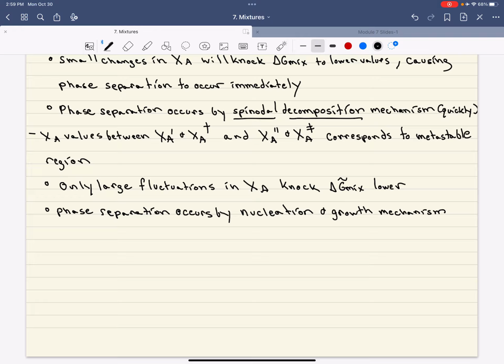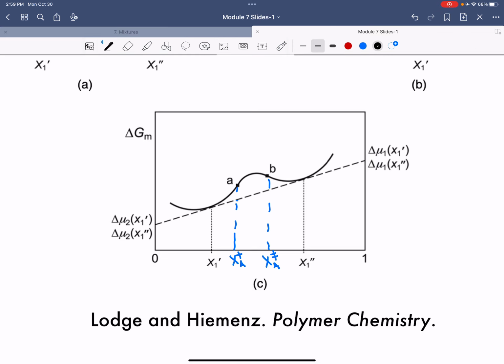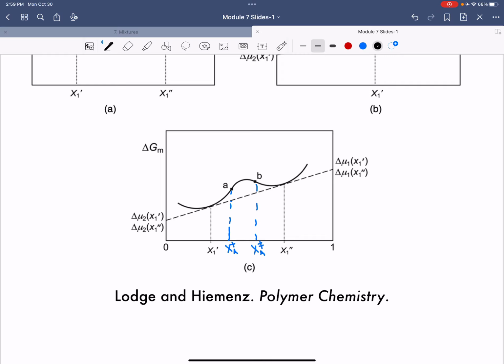Compared to spinodal decomposition, this form of phase separation is relatively slower. I won't call it slow because, on the time scale of an experiment, it can happen very quickly. But at least compared to spinodal decomposition, this mechanism is slower. Okay?